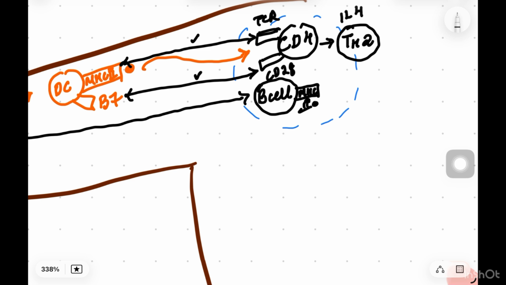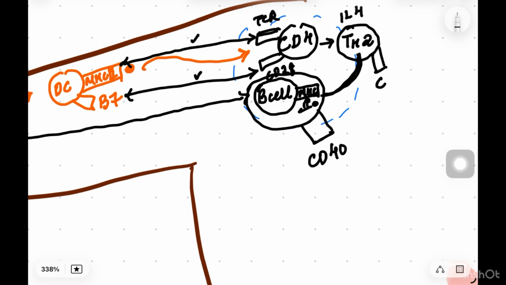And guess what happens now? This B cell will interact with this Th2 cell. The B cell will have a CD40 and the Th2 cell will have a CD40 ligand. This interaction will cause what is known as class switching.